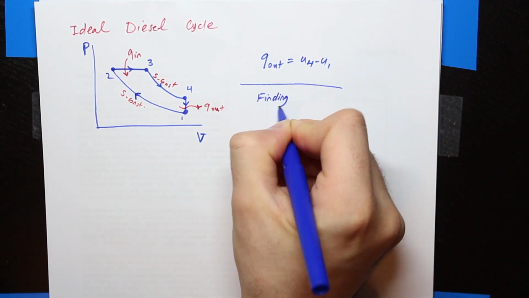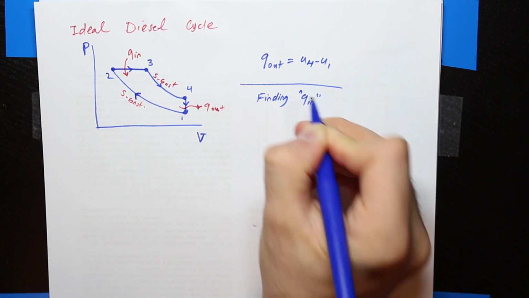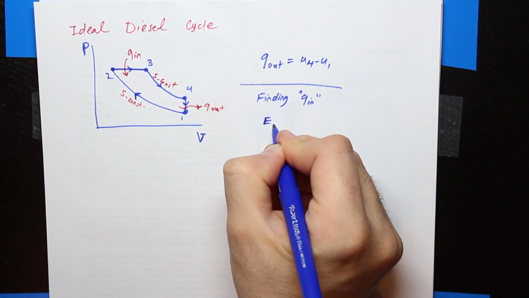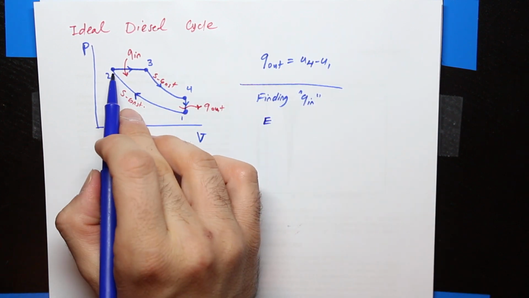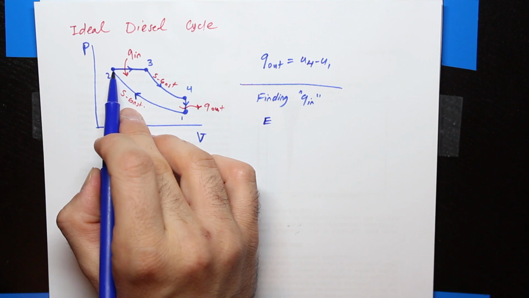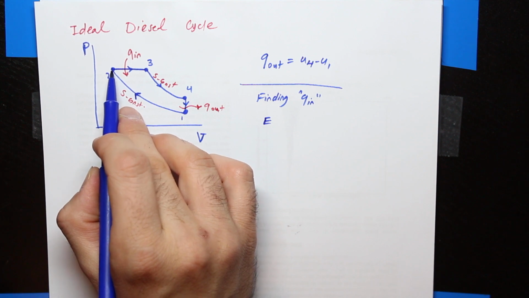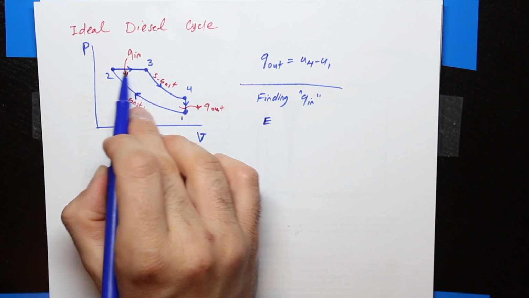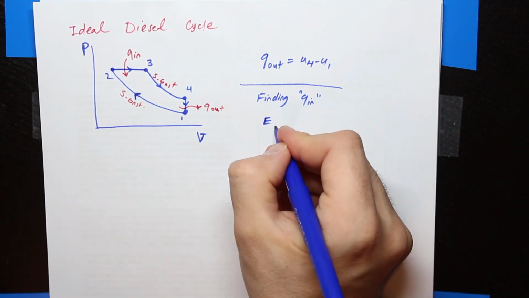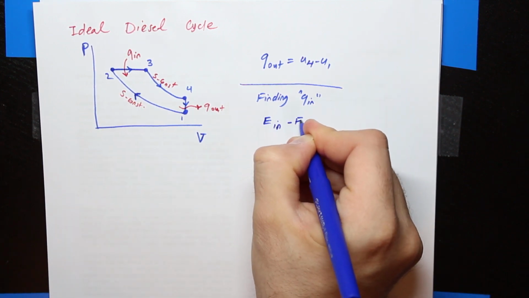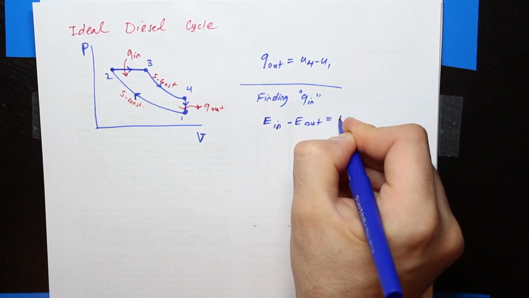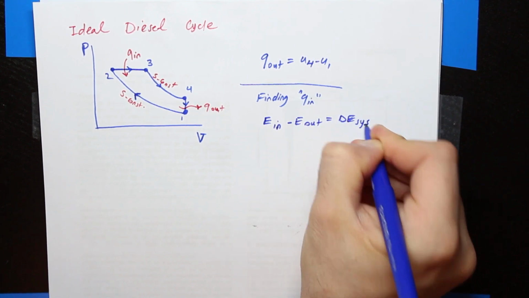So if I want to find Q in, then I'll start with conservation of energy, and my system is basically the process from state 2 to state 3. So that is what I'm focusing on for Q in. Energy going into the system minus energy leaving the system is equal to the change of the energy within the system.